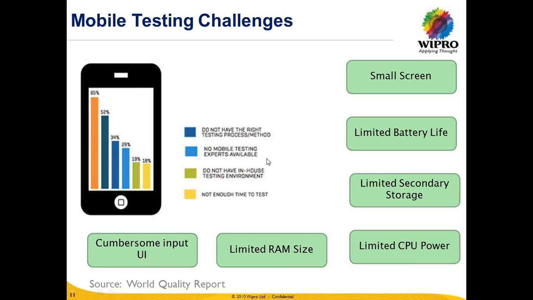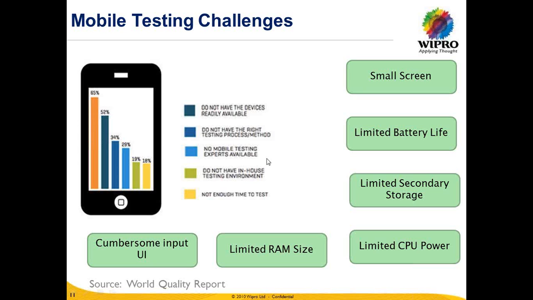If you say testing methodology, testing life cycle, we have mature testing processes and methods. Whereas in mobile testing, we do not have a mature testing process or methods. And 52% of the people say they do not have devices readily available.